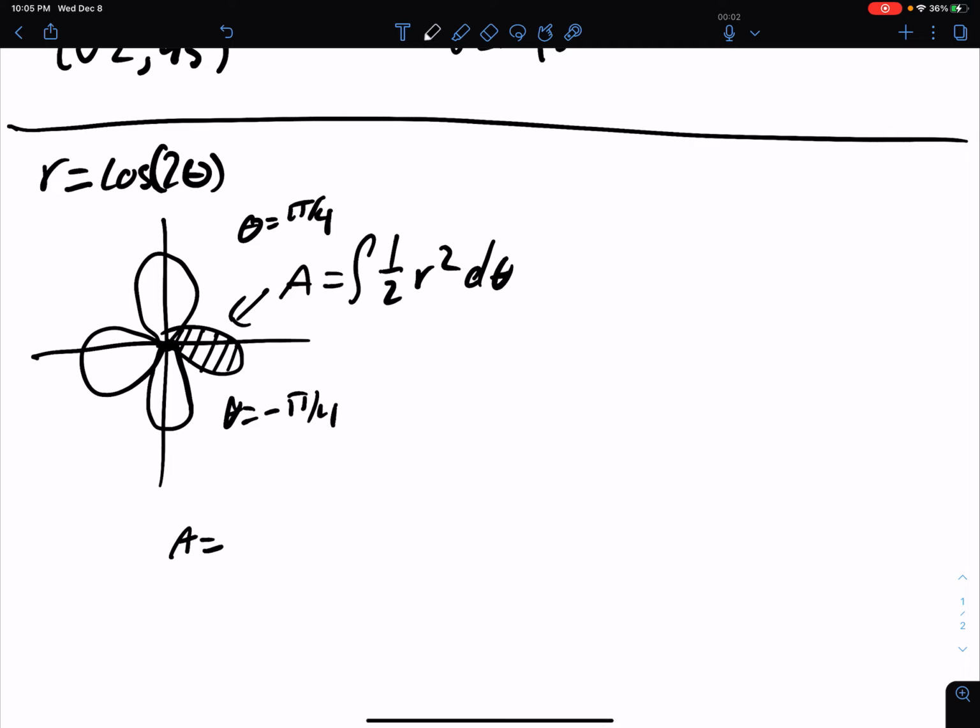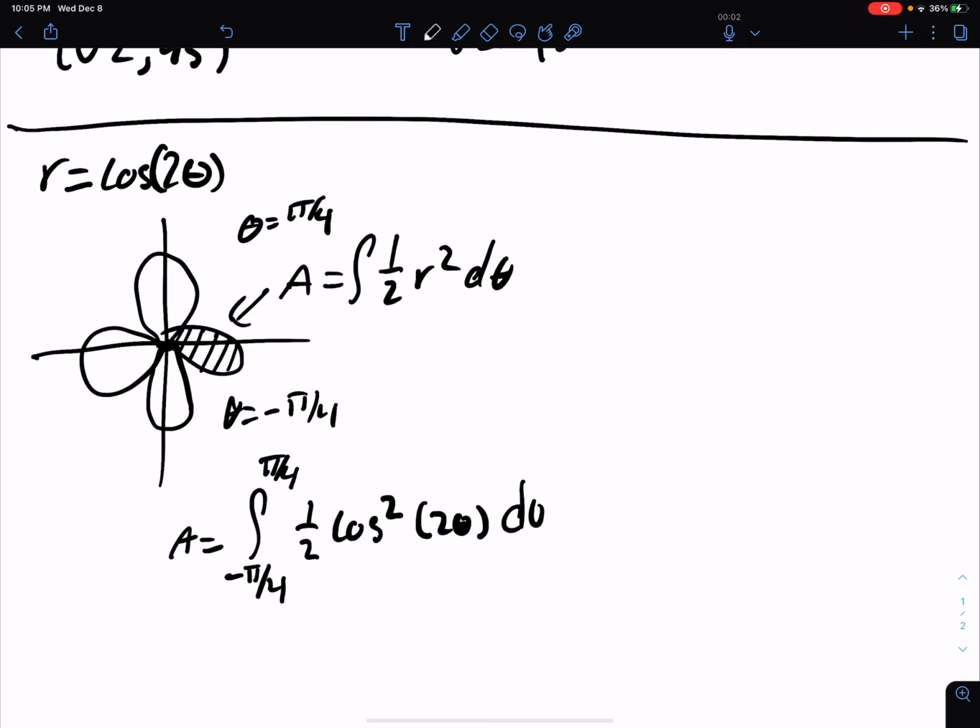So our new area function is going to be the integral from negative pi over 4 to pi over 4 of 1/2 cosine squared of 2 theta d theta.